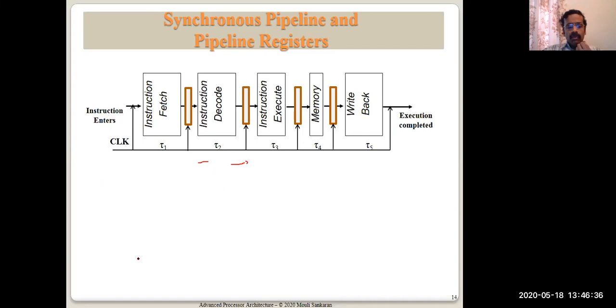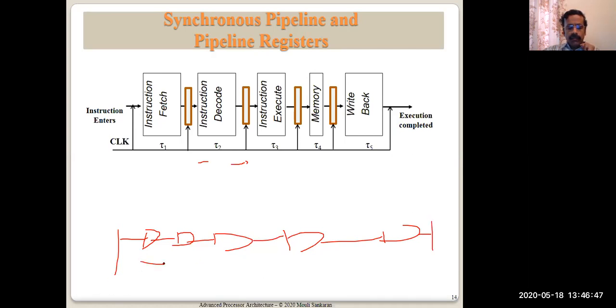Now imagine that I have too many AND gates connected like this. If you remember my digital design course, every gate has a delay. When you give some input, it will take some microseconds or nanoseconds for the output to appear.